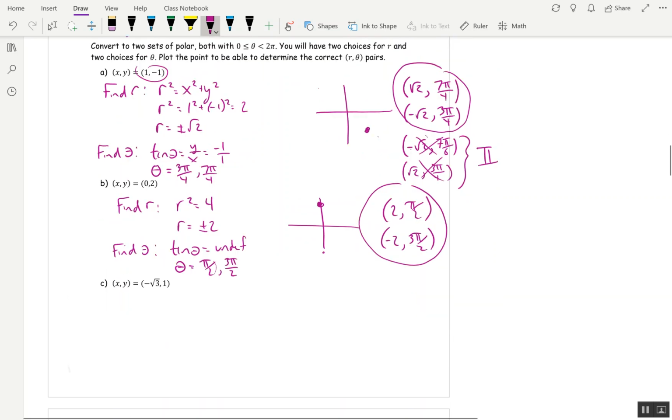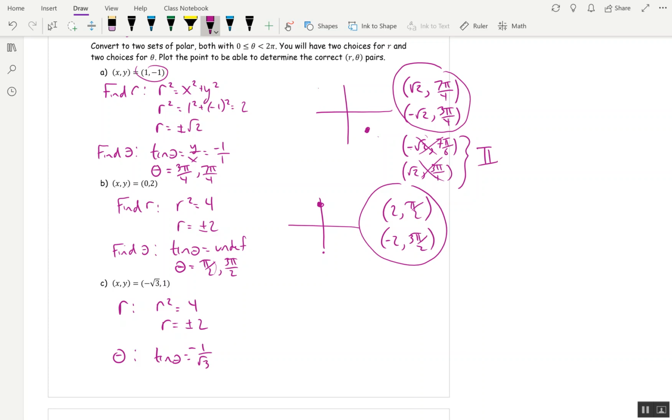Okay, one more and then I'll let you try some. So if we find r, we get r squared is negative root 3 squared is 3, 3 plus 1 is 4. So r is plus or minus 2. Now for theta, we have tangent theta is y over x, so negative 1 over root 3.